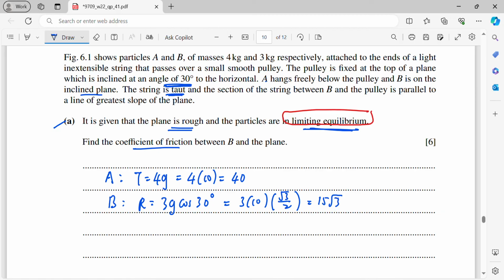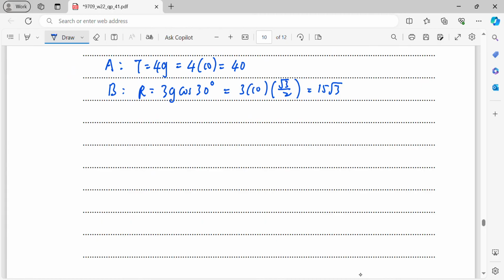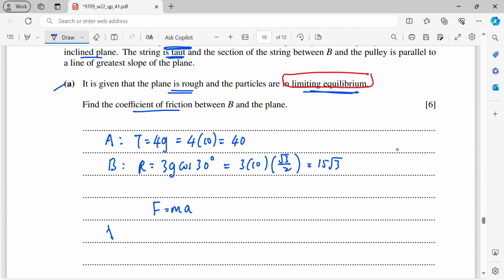We found the R. Okay, now, when I consider F equals to MA, since this is equilibrium, it means that your A equals 0. Then from here, I will just consider the direction which is parallel to the plane.